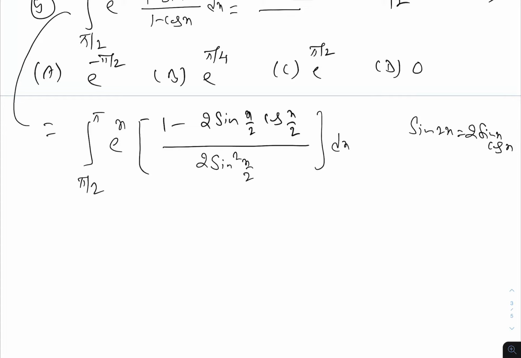So sin x is 2 sin x by 2 cosine x by 2, and cosine 2x is 1 minus 2 sin square x. So sin square x is 1 minus cosine 2x by 2.